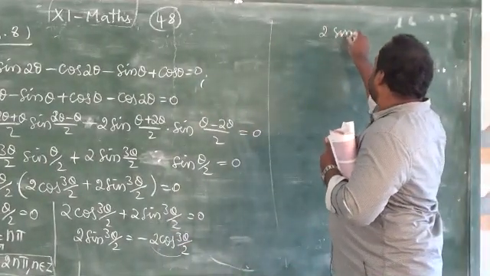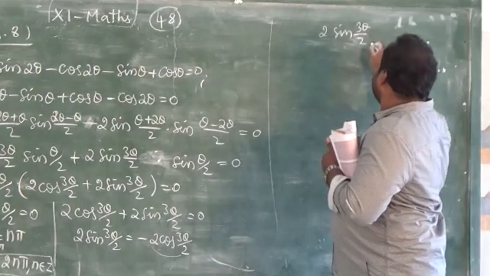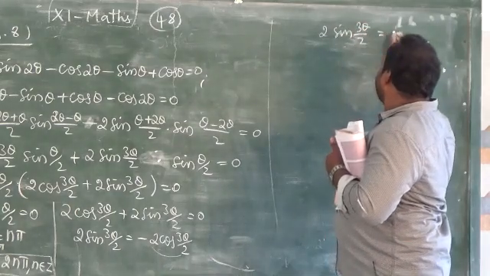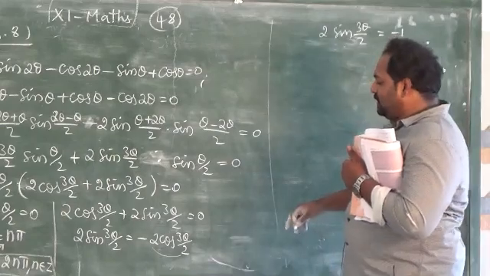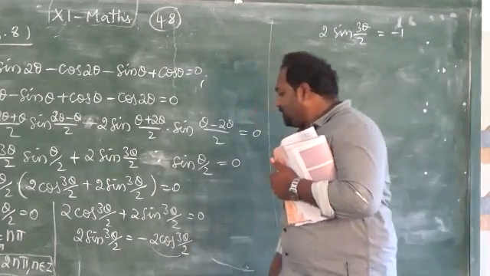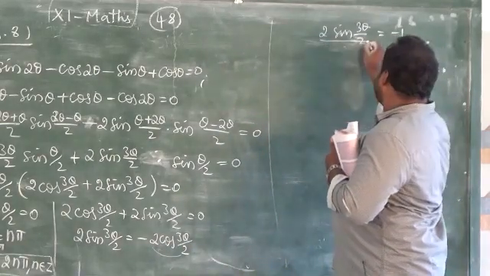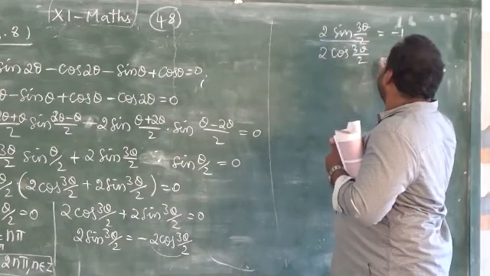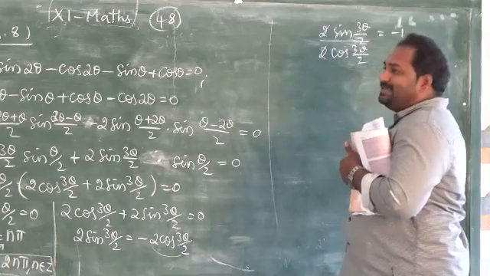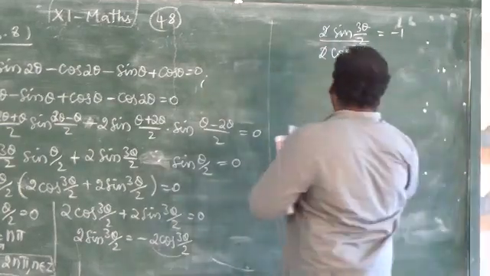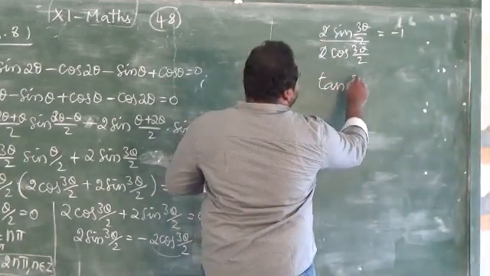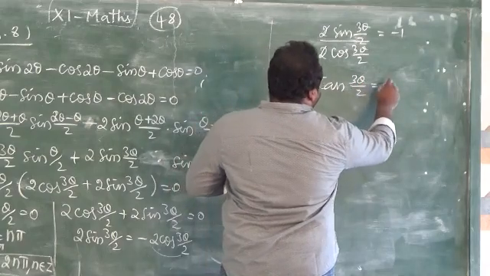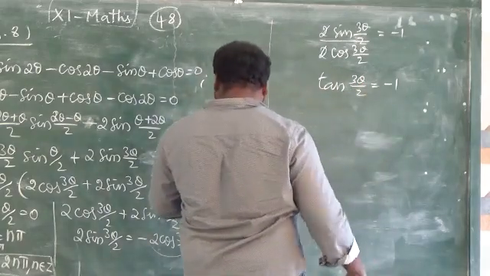If I carry to this side, minus, keep it as it is. Here only 2 cos 3 theta by 2 on this side, it will be divided by 2 cos 3 theta by 2. So 2 cancels. Sin by cos, we can write as tan. It is tan 3 theta by 2 equal to minus 1.